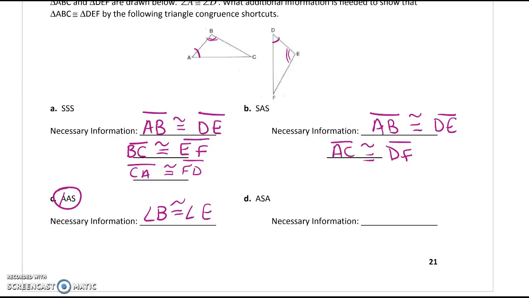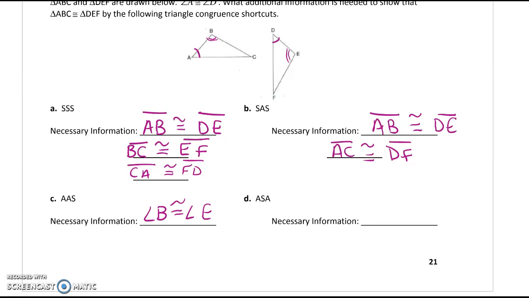Well, since you can pick whatever side you want as long as the side is not in between the two angles, because that's how it's written. The side is not in between the two angles. It's on the side. So, let's do, how about AC and DF? That segment is not in between the two sides. But you know what?